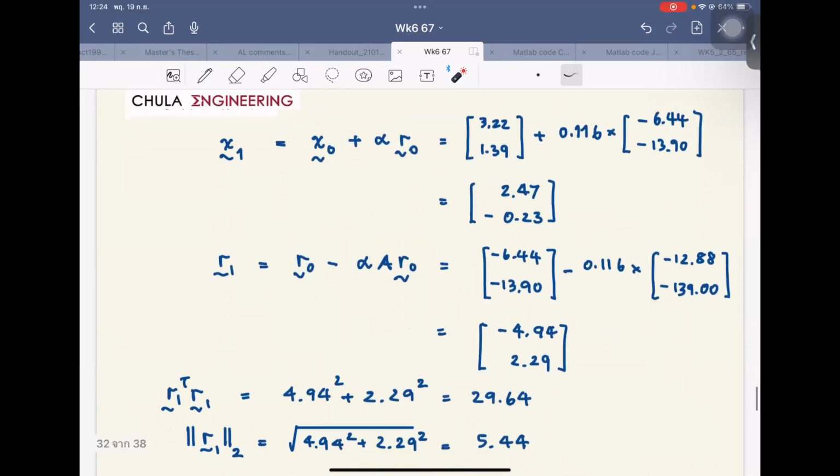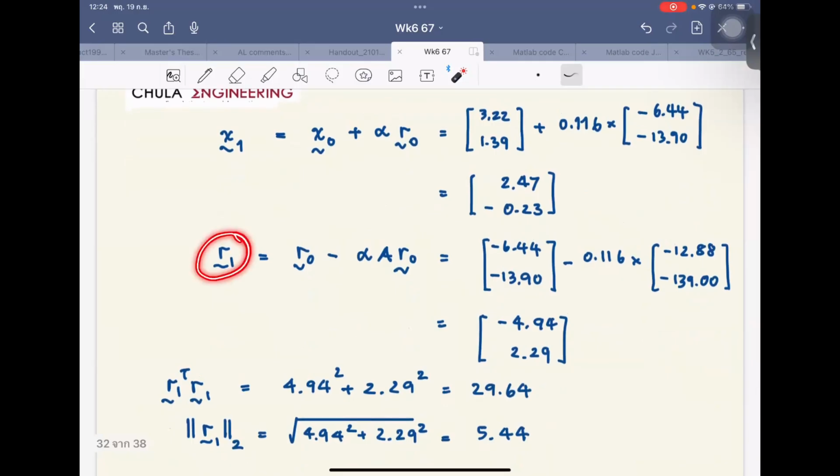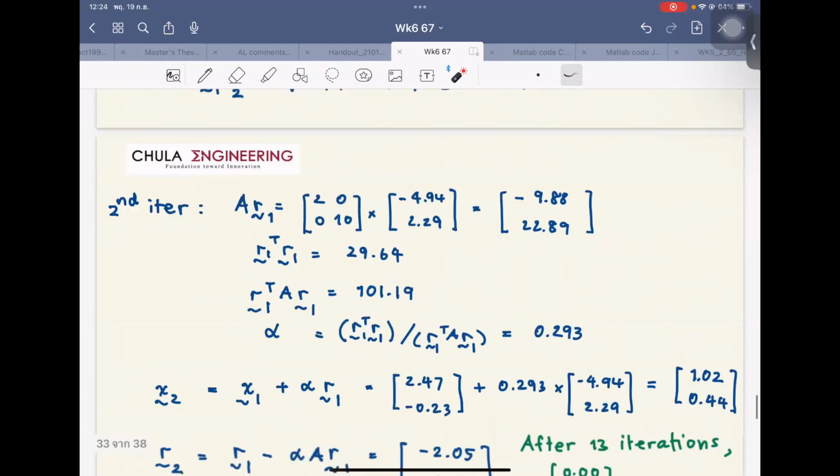But before the new iteration, we need r1, right? The new residual. Now r1 is r0 subtracted by alpha Ar. You get r1 here. And notice that the norm of the new residual is 5.44 and not 0.